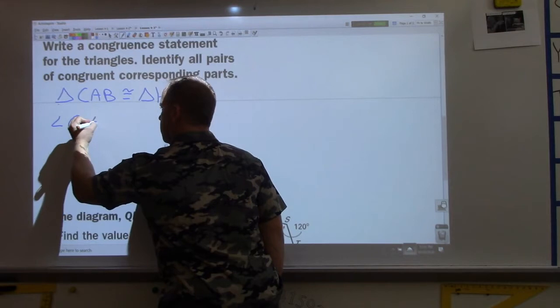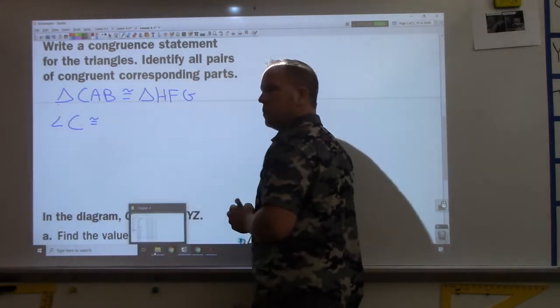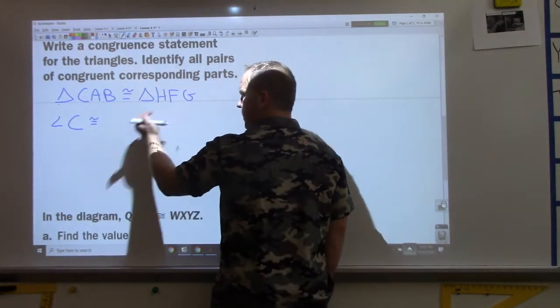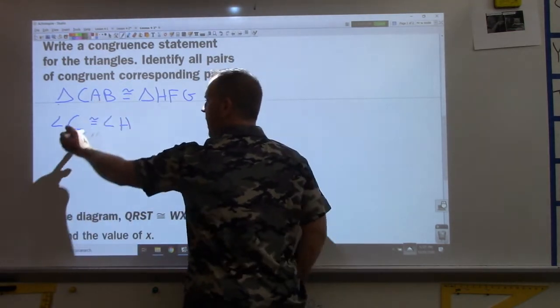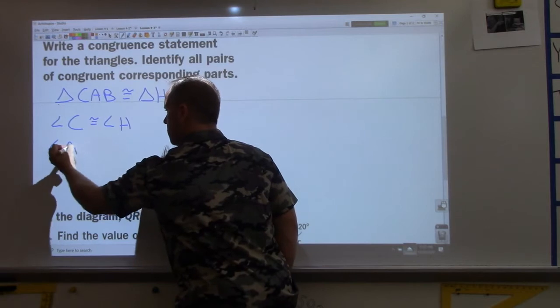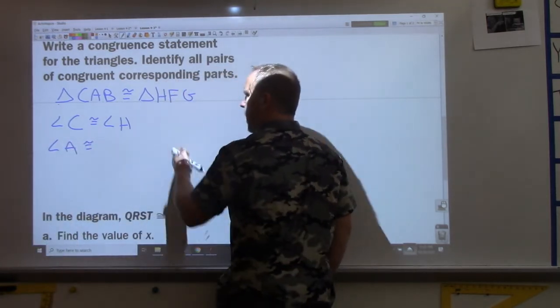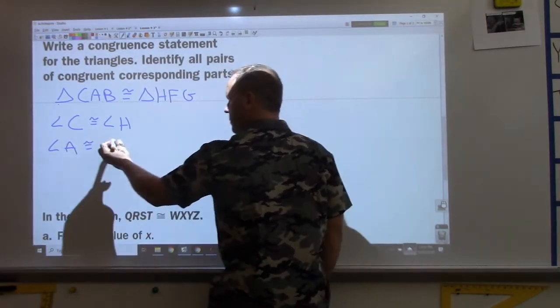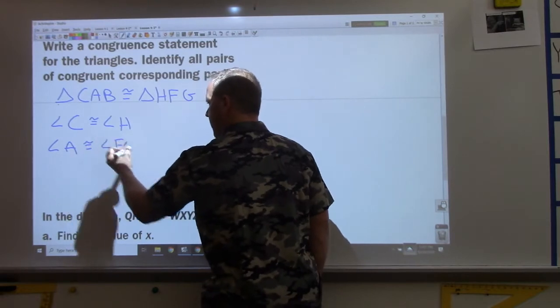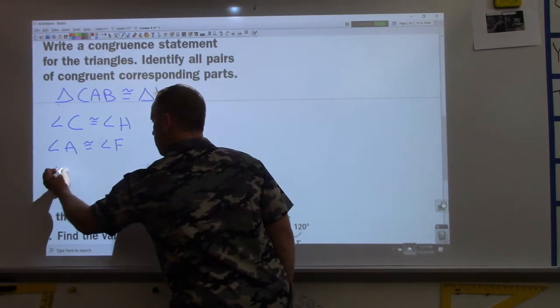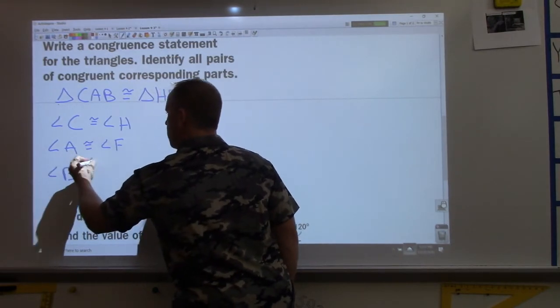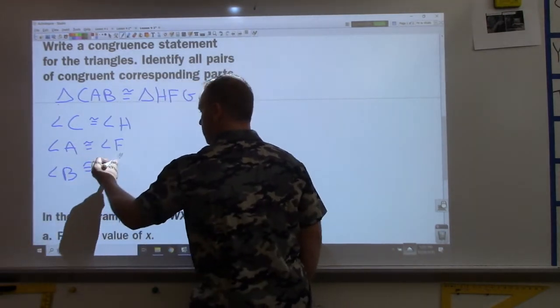Angle C is congruent to first letter, angle H. Angle A is congruent to angle F. Second letter. And last, angle B is congruent to angle G.